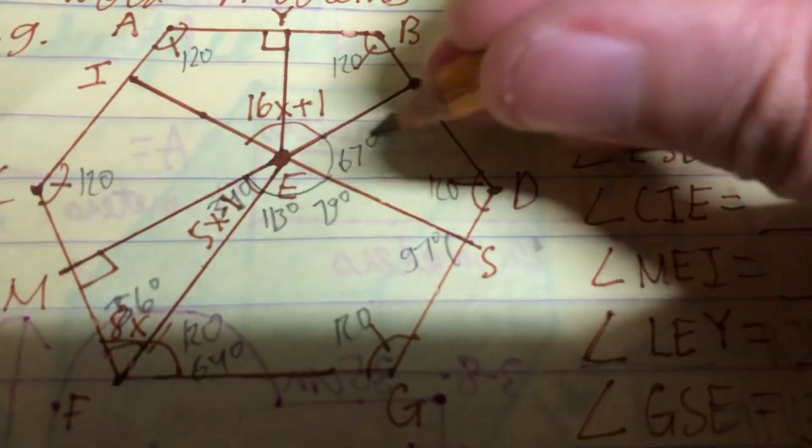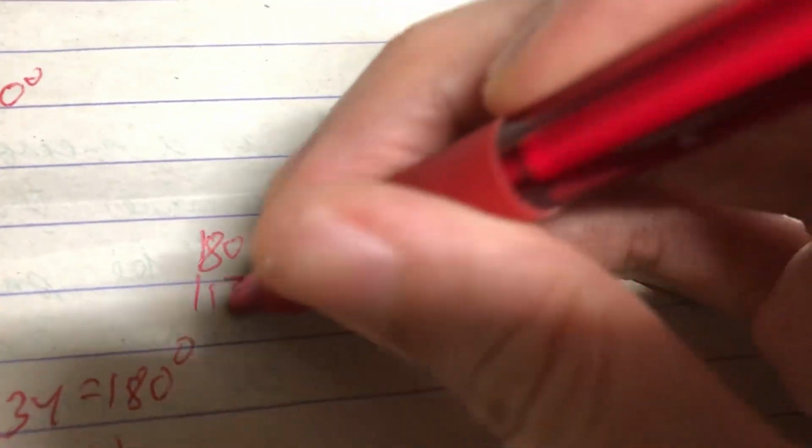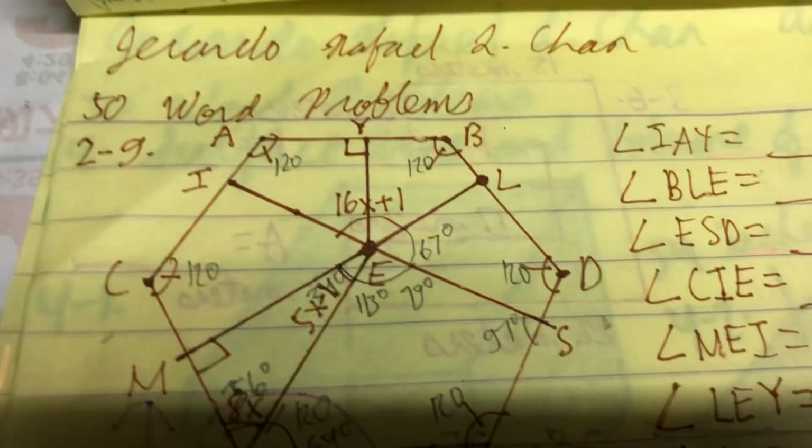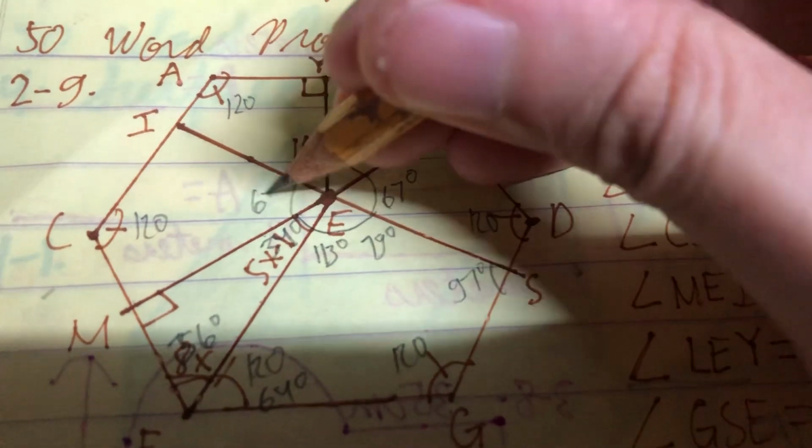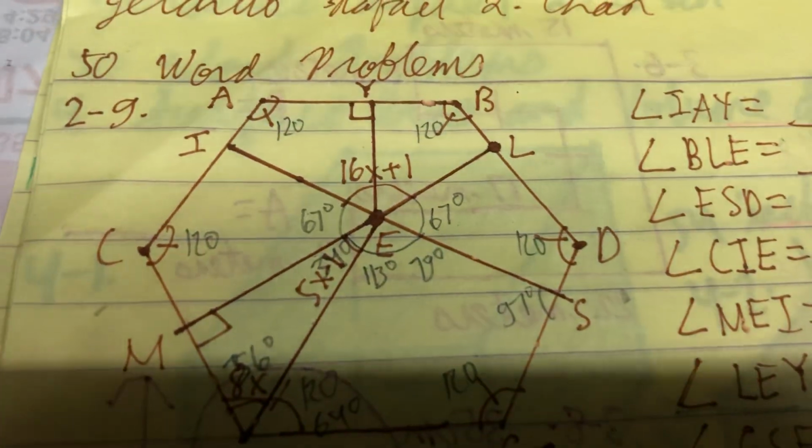If your answer is 67, you are correct. To verify why, 180 minus 113, cross out the ones, 80 minus 13, this gives you 67. 10 minus 3 is 7. 7 minus 1 is 6. So 67. Okay, got it. So we got 67 degrees here. Therefore, it's confirmed that we should get 67 degrees on the other side.